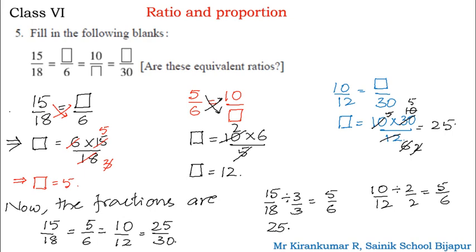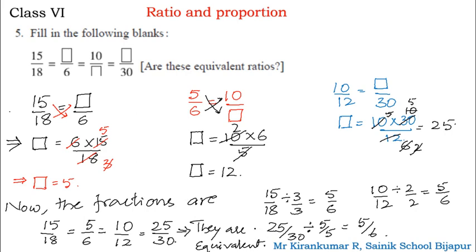How about 25 by 30? What if I divide by 5 by 5? I get 5 by 6 only. So all the fractions are equal to 5 by 6. So we can say that these are equivalent. So all these fractions are equivalent fractions.